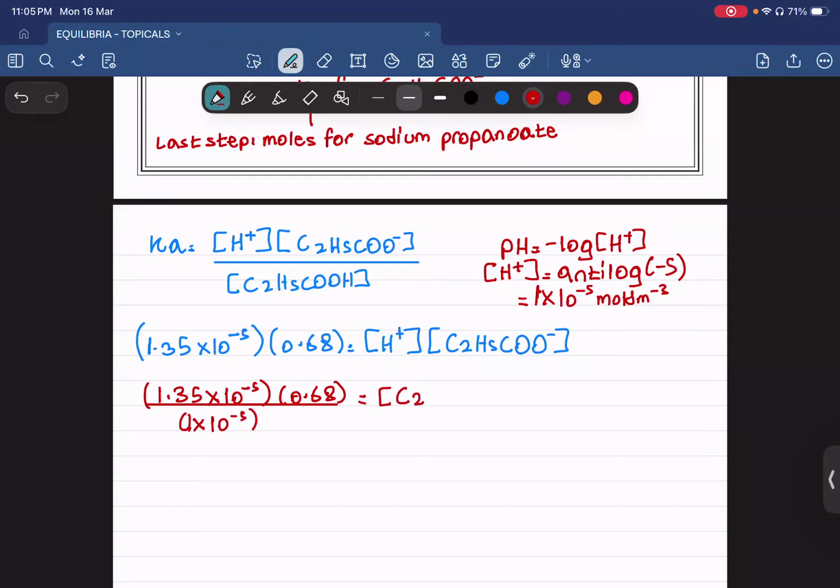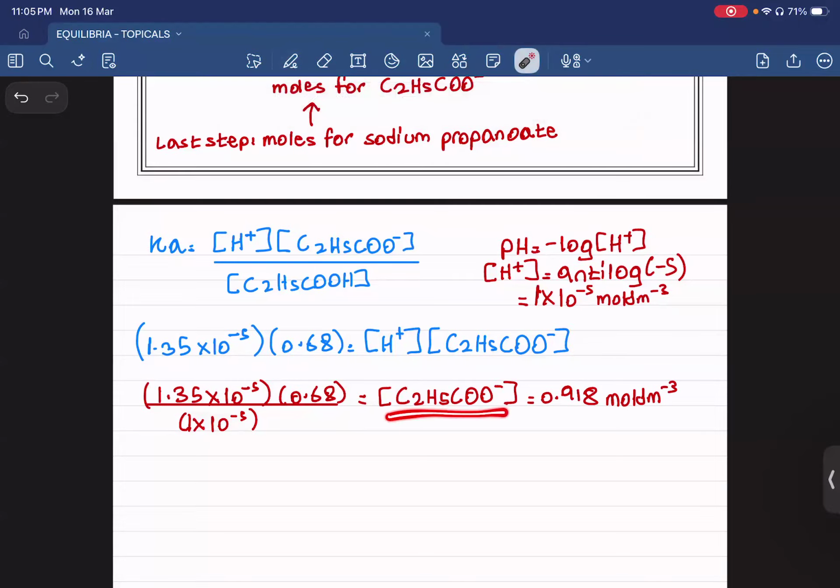We get the concentration of the propanoate ion. Let's just quickly check. We get 0.918 mole per cubic decimeter as the concentration for this.